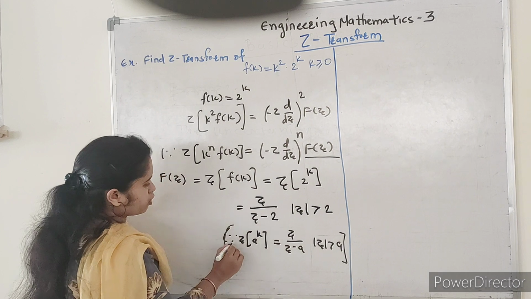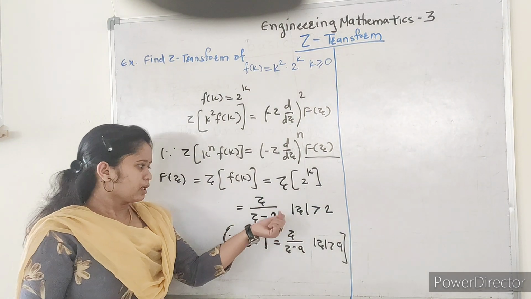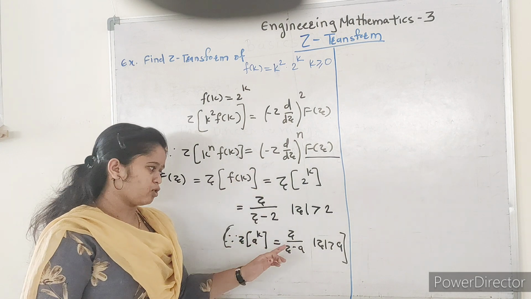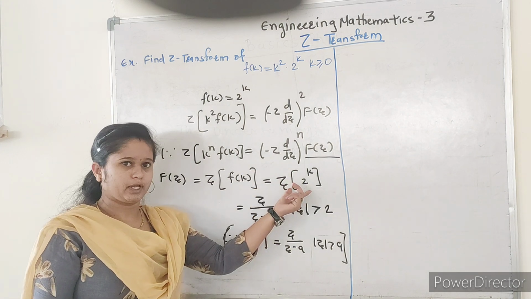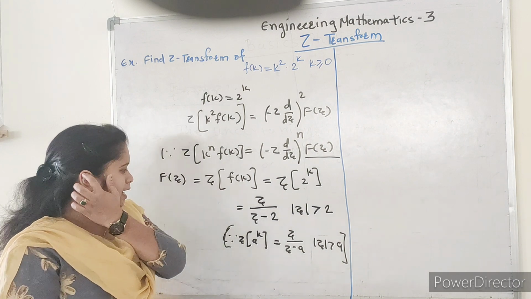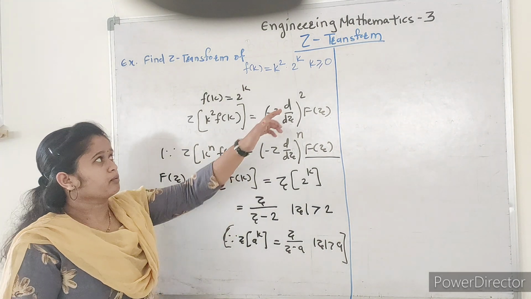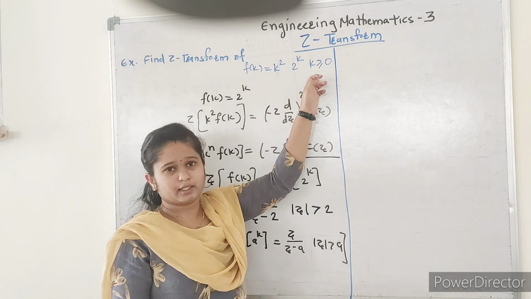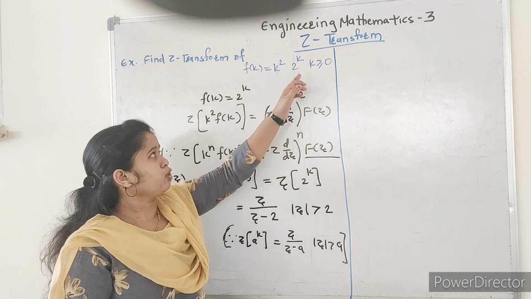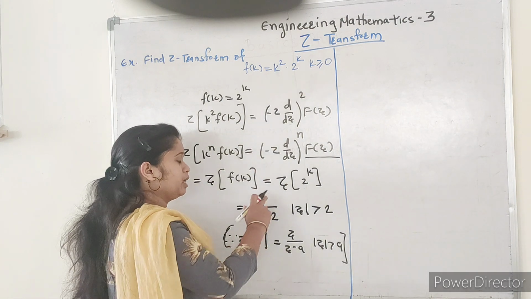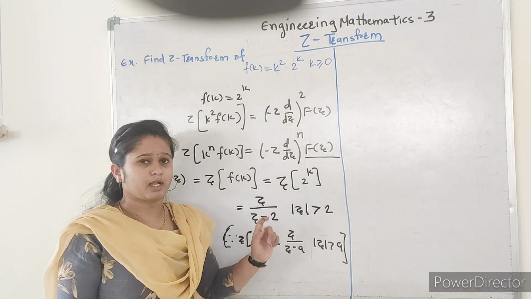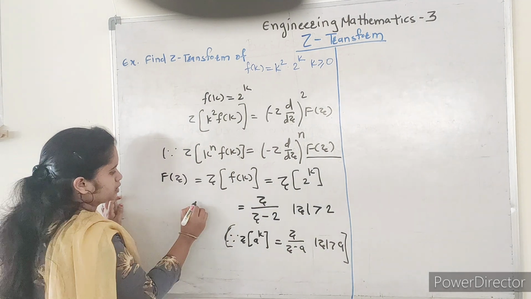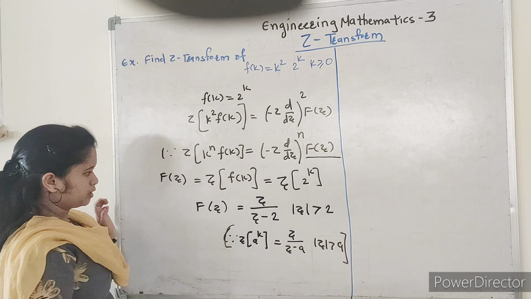By using this formula, we directly write the Z transform of 2 raised to k, because we already solved the Z transform for a raised to k. We use this only for k greater equal 0. If k greater equal 0 is not given, then use the definition of Z transform and solve. Now we get F of z.